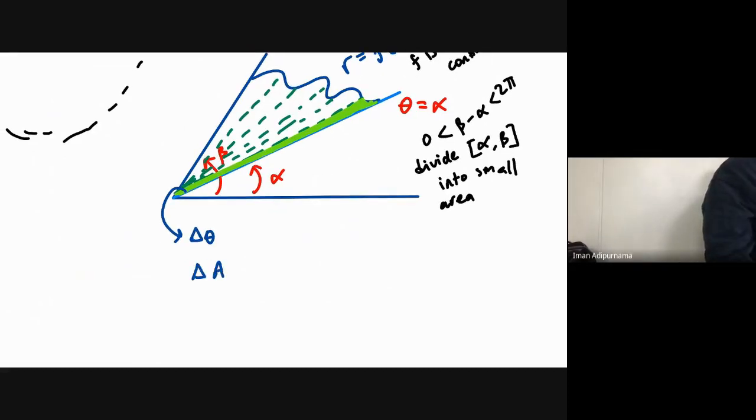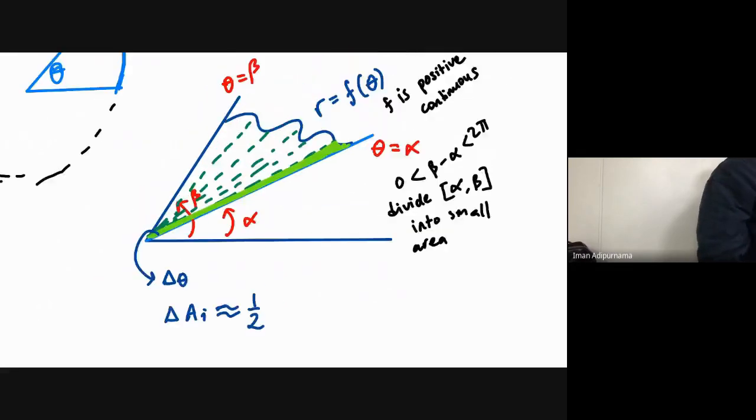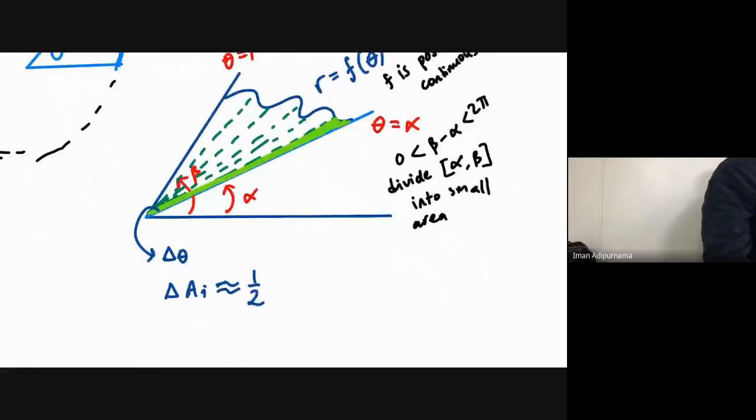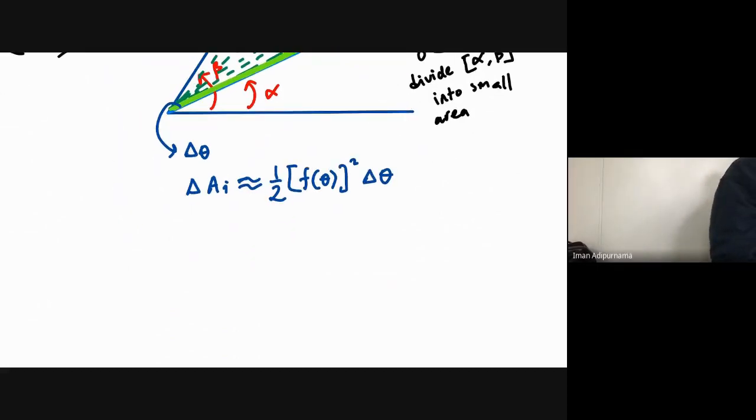So we can approximate the delta area, approach this with the sector. The sector is half r squared theta. So half, and then the function of theta squared, and then delta theta. And then with the Riemann sum, we can add all the small pieces.